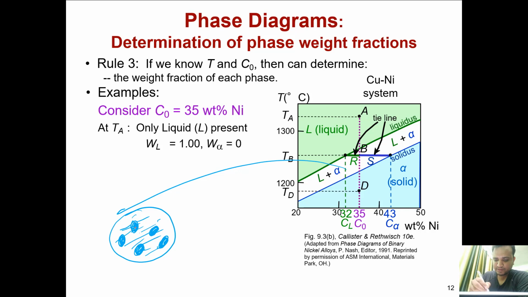So we are able to say that in alpha the composition of nickel is 43 weight percent, and in the liquid the composition of nickel is 32 weight percent. But we are not saying what the phase fraction is. Phase fraction means how much weight of alpha is occupied in the complete system. That is told through the lever rule.